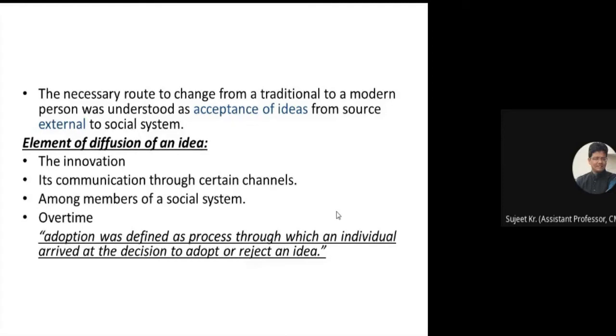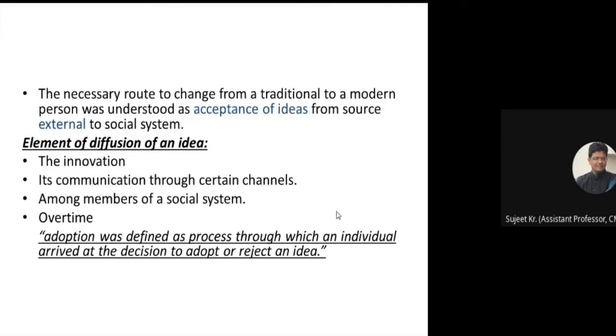So if someone rejects the idea, it does not mean that adoption has not taken place, because the person must have gone through various steps: first step, second step, third step, and at the end, he might not be interested in adopting the idea, so he rejected it. It means the person has gone through the whole process.